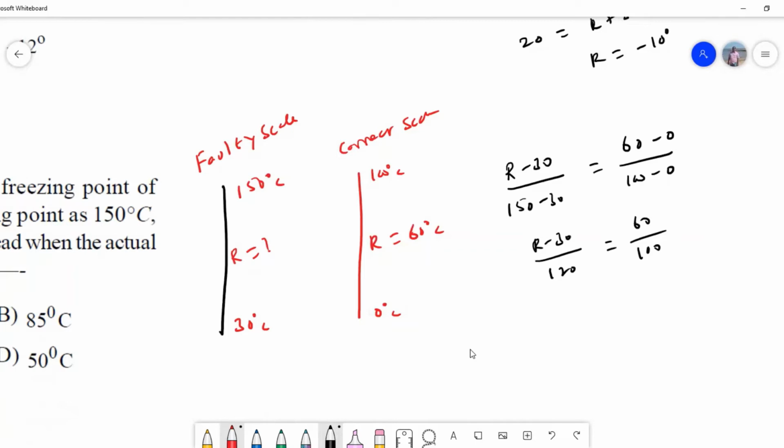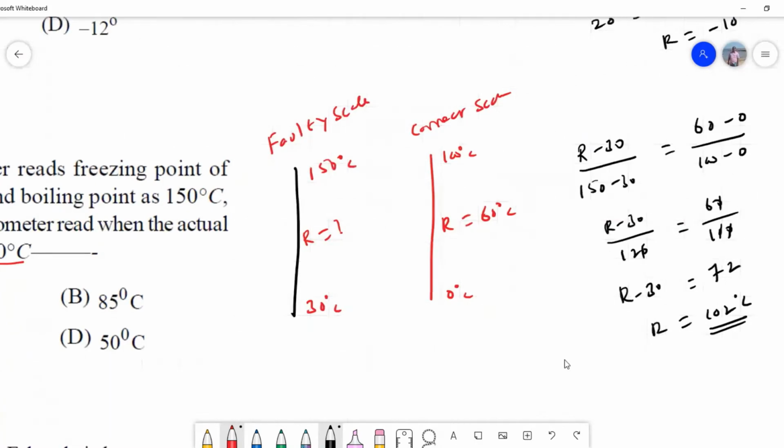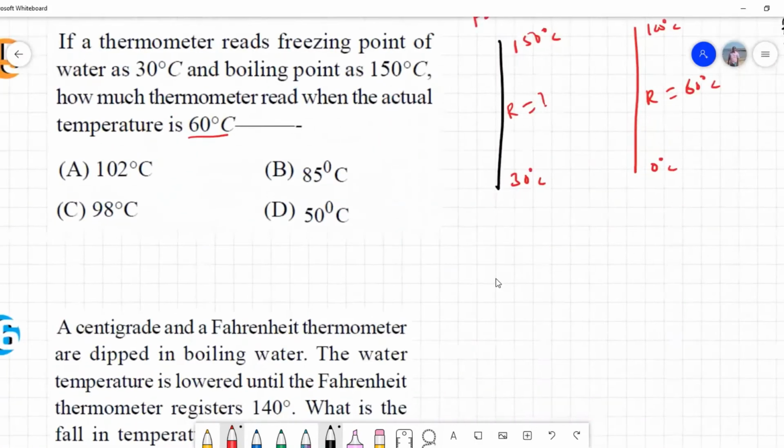And here the zeros cancel. So R minus 30 is equal to 72. R is equal to 102 degrees centigrade. That is the corresponding reading on the faulty scale. So I just equated the faulty scale with the standard or correct scale.